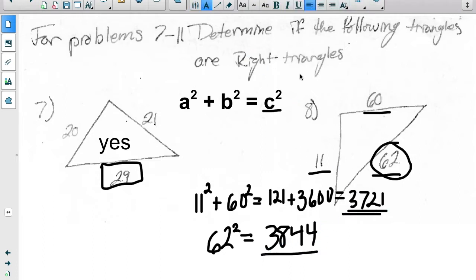They're not the same. So that means no, it is not a right triangle, because a squared plus b squared has to equal c squared. So for this here, 11 squared plus 60 squared has to equal 62 squared for this to be considered a right triangle. And since it doesn't, it is not a right triangle.